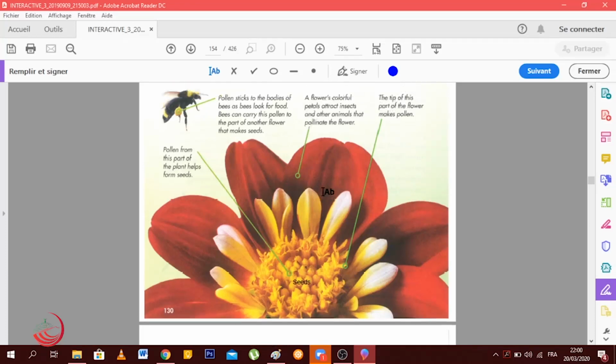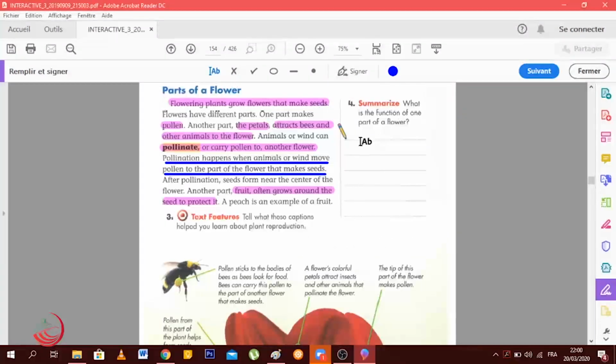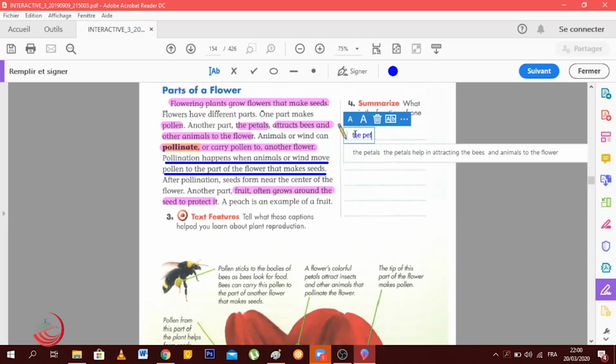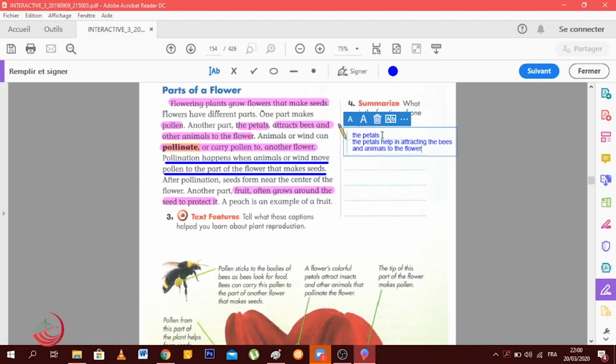Let's take the petals as an easy example. The petals. Yes. So the petals are a part of the flower, and the petals help in attracting the bees and animals to the flower.